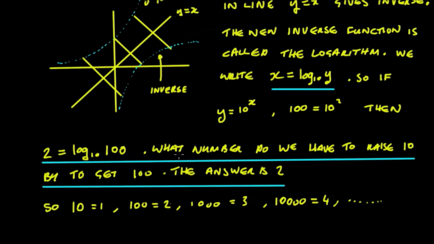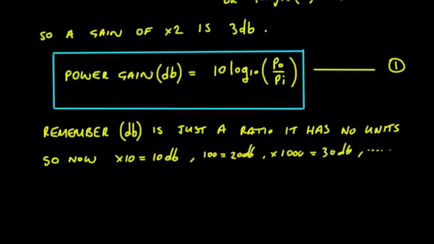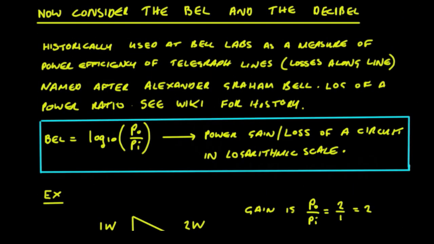So really what we're saying is, what number do we have to raise 10 by in order to get 100? And the answer is 2. Okay, and we put 2 up along the y-axis here for this inverse function. Okay, so a wee bit of maths there, but we'll go on to some more practical stuff.